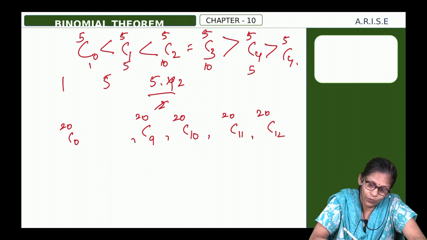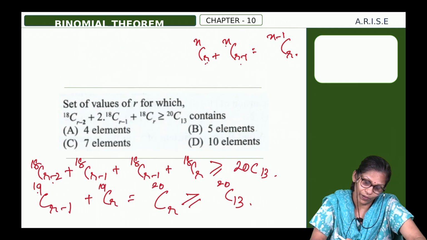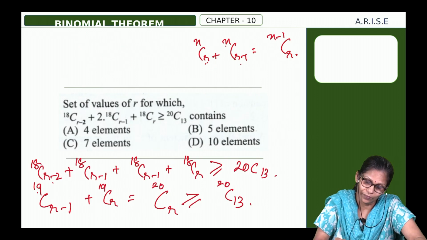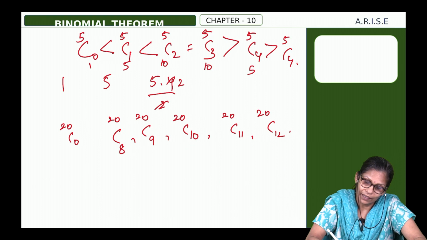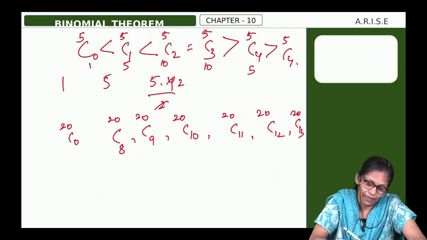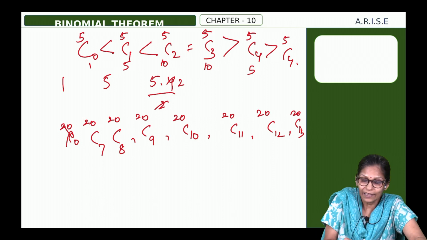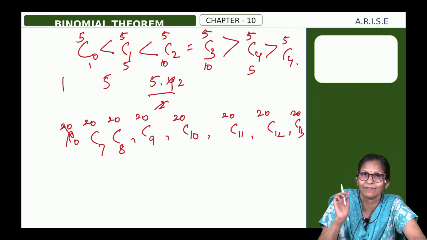So here it would be 20C8. Now, the question is greater than or equal to. So similarly 20C13, and here it will be 20C7. These are the values which will satisfy this inequality.